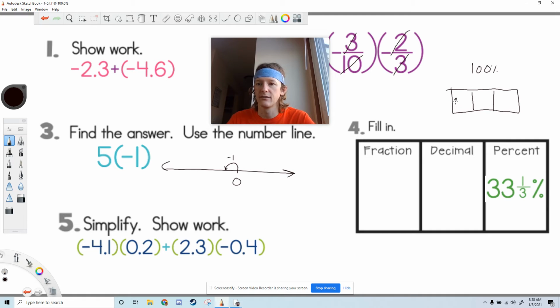Well, 33 and 33 and 33, if we're breaking this into thirds, would be 33 plus 33 plus 33. That only makes 99%. So we're going to need an extra 1% between these 3 things. So we have 1/3%, 1/3%, 1/3%, which, 1/3, 1/3, and 1/3 makes 1.